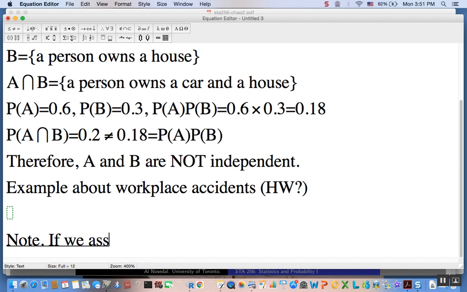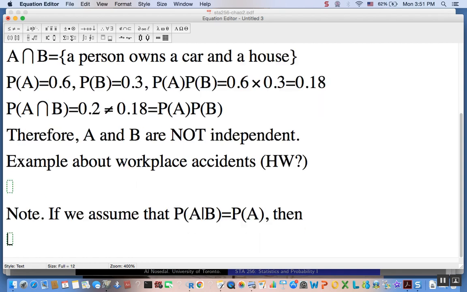If we assume that probability of A given B equals probability of A, then let's see what happens.